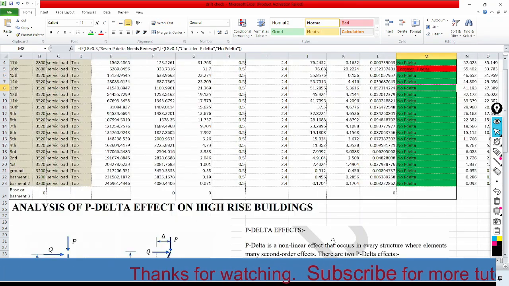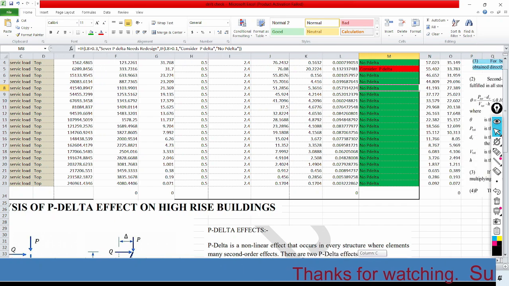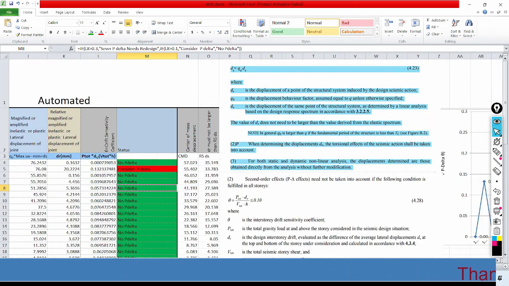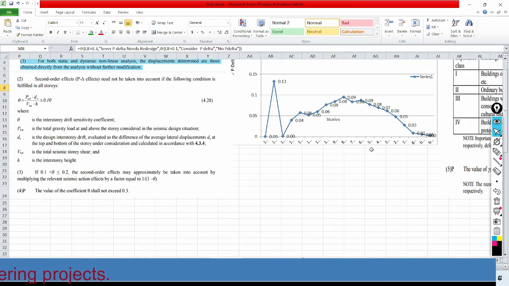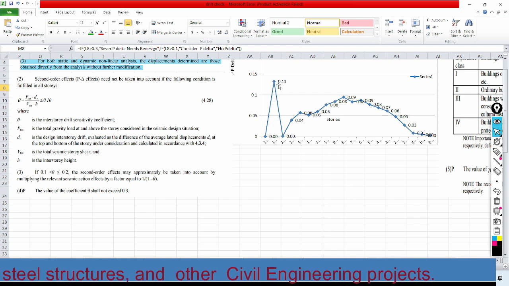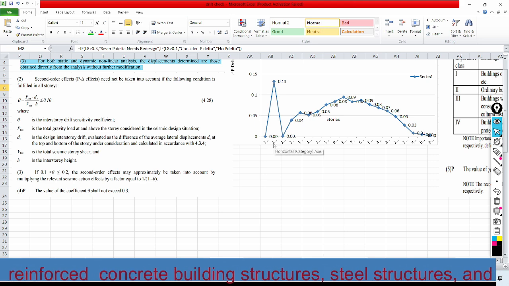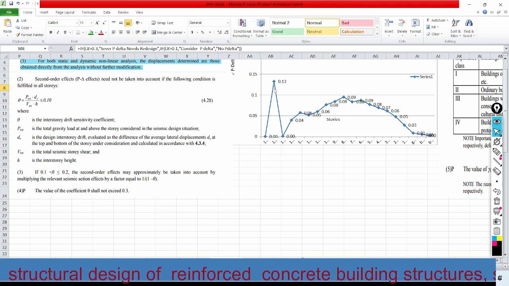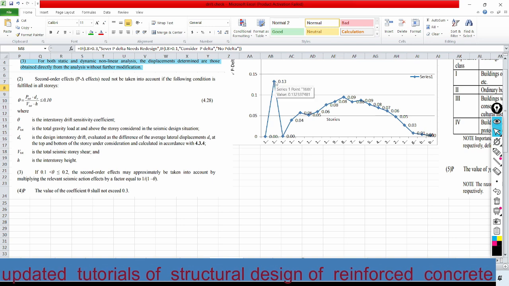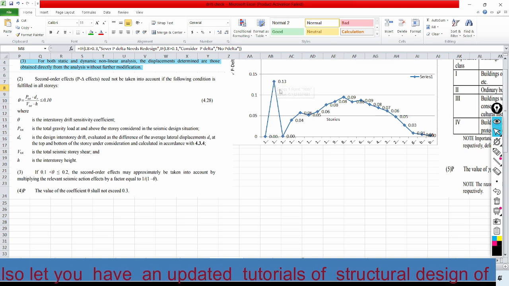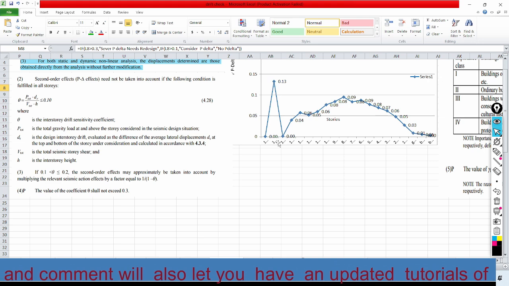And when we come also to the negative x direction, that means the P delta graph looks like here. Sorry, the P delta is greater than 0.1 at this story.